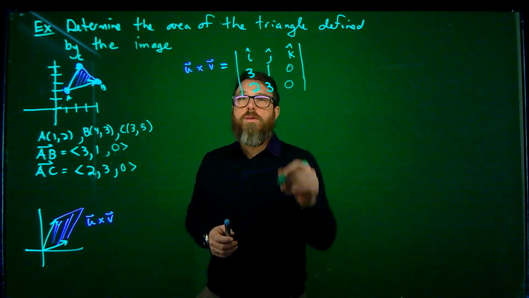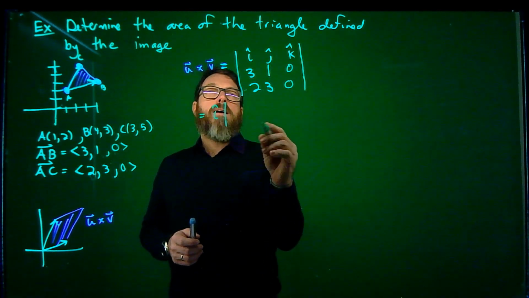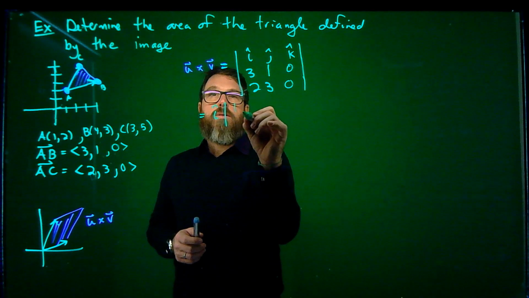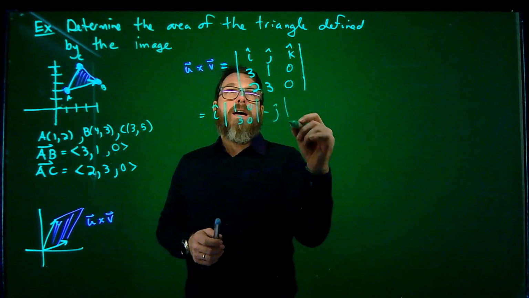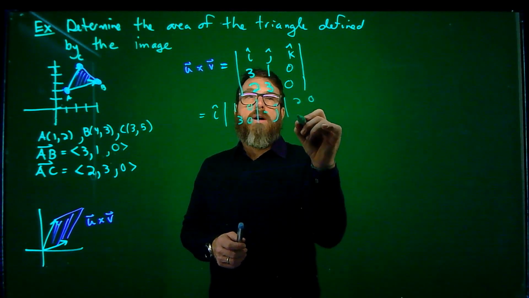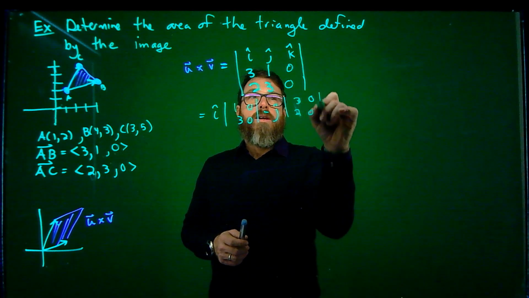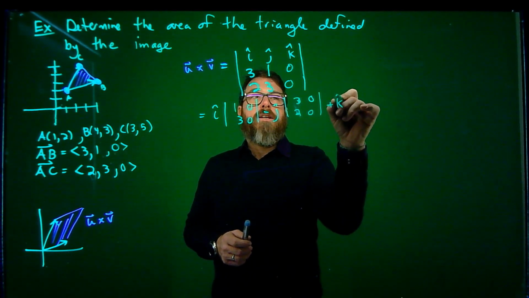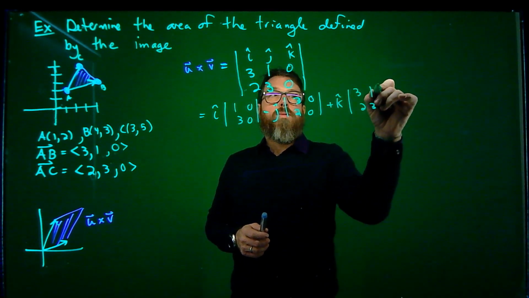All right, so let's go ahead and find this cross product. So i times 1, 0, 3, 0, minus j times 2, 0. Ooh, that's not right. 3, 0, 2, 0, and then plus k times 3, 1, 2, 3.